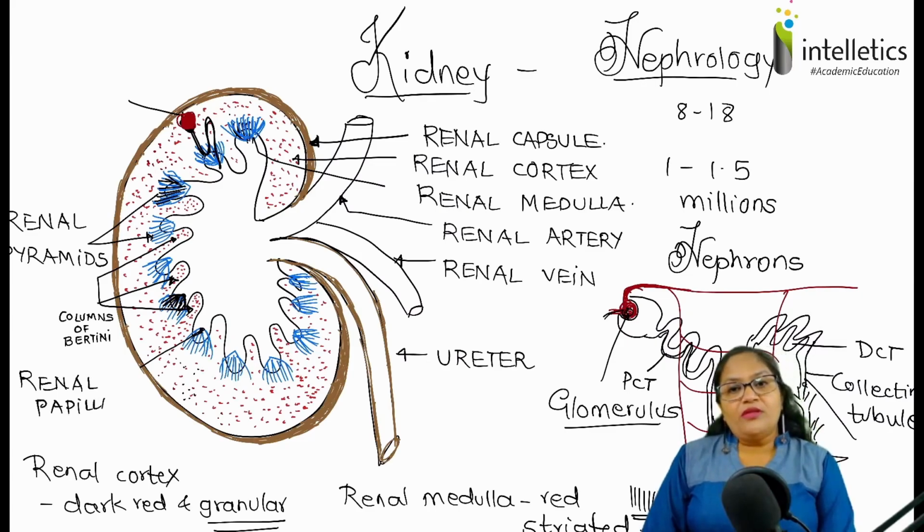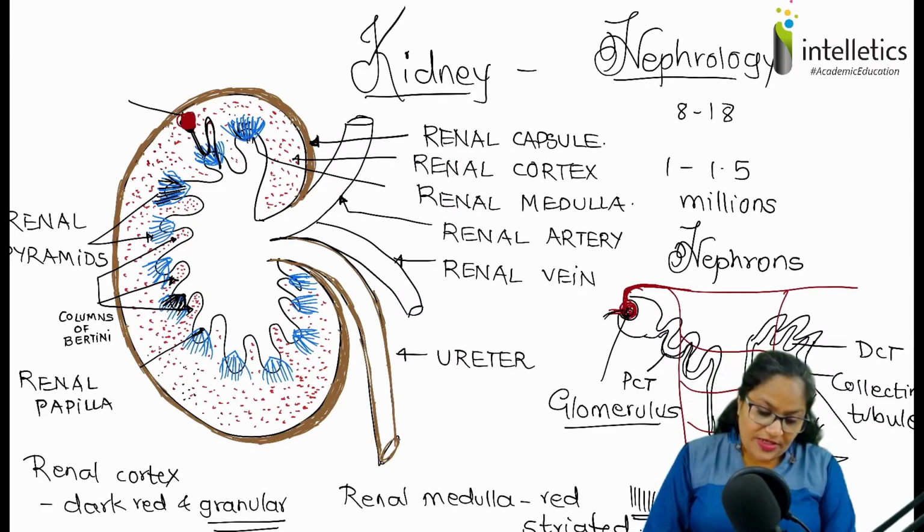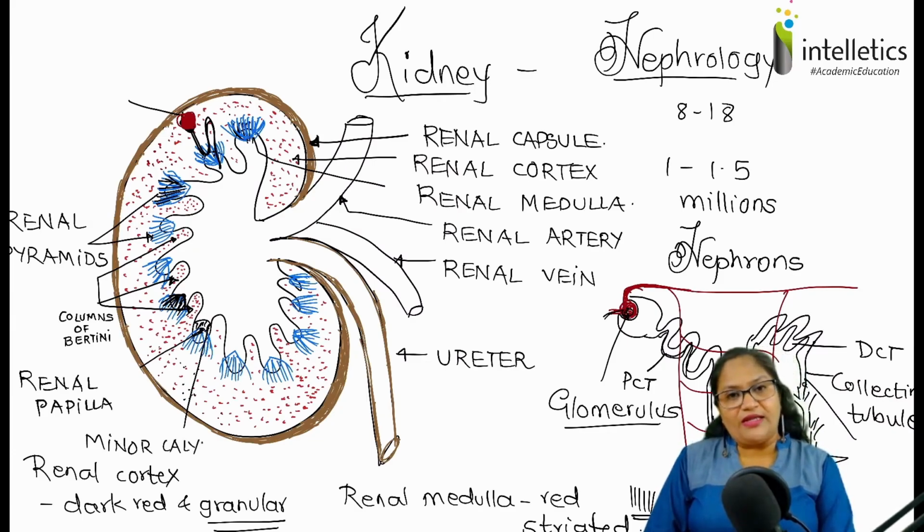Now, the urine that is collected here is released here. It's ultimately going to be collected in a small space at the tip of the pyramid, and this small space is called the minor calyx. I repeat, it's called the minor calyx.